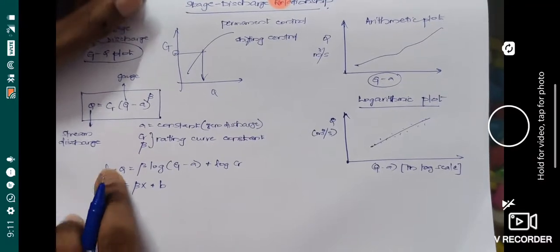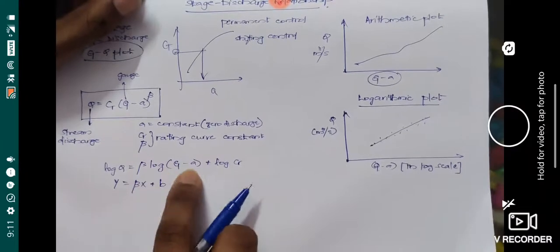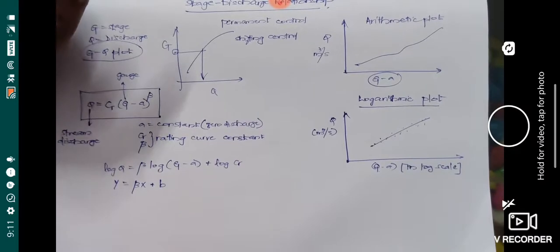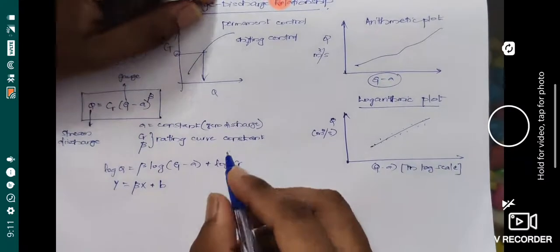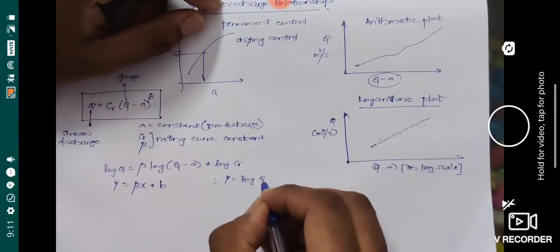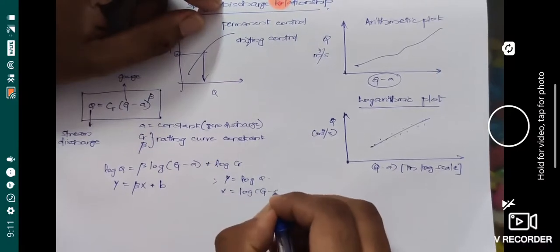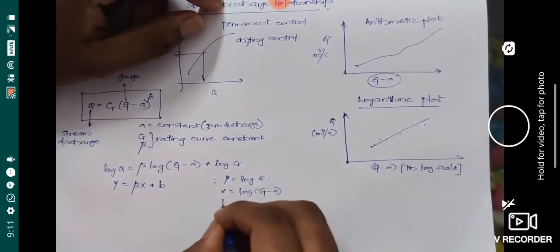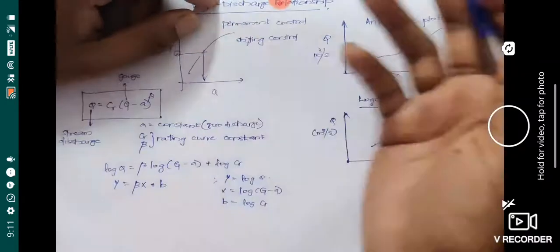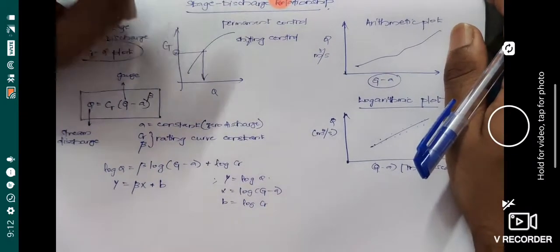Here y stands for log Q, beta is the slope, x is log (G minus A), and b is equal to log CR, which is nothing but the y-intercept. So I hope you are clear with that.